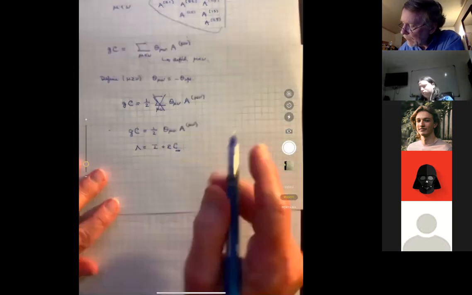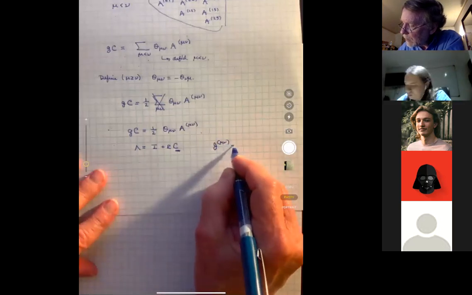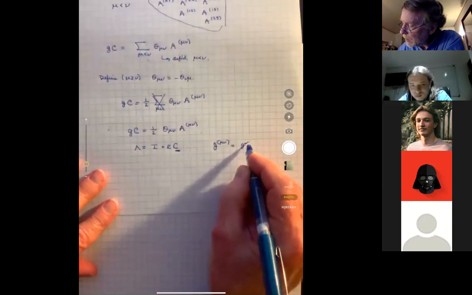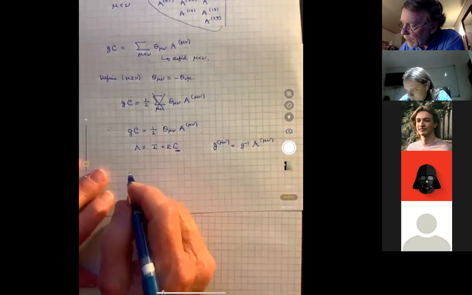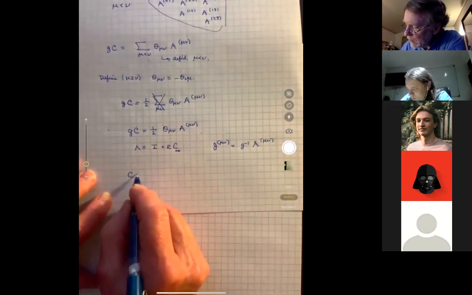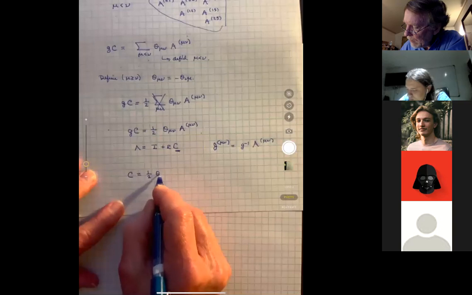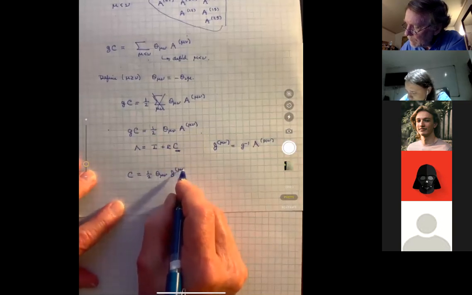And let me make the following definition. Let me define script J mu nu is equal to G inverse times A mu nu. Because if I do this and multiply by G inverse here, what we get is that C is equal to 1/2 theta mu nu times script J mu nu, like so.